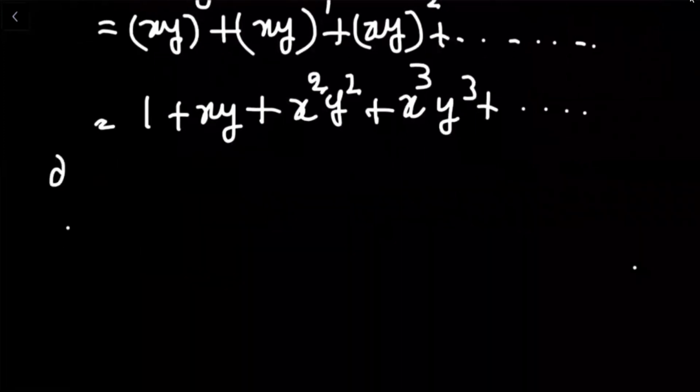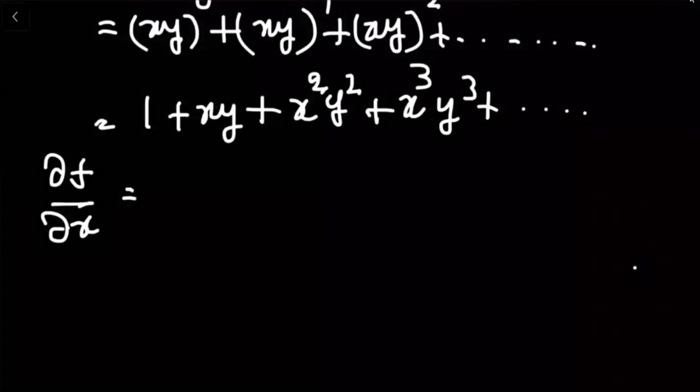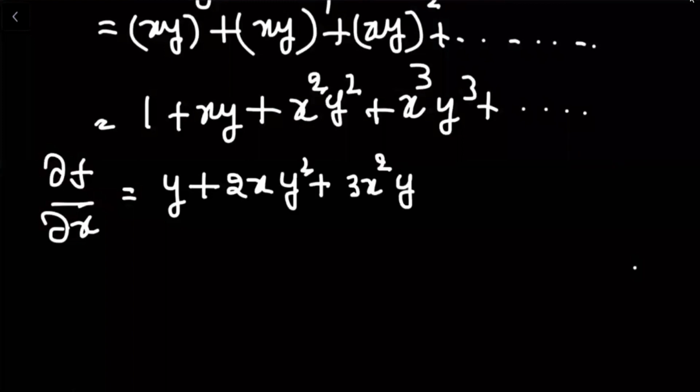By differentiating with respect to x, what we'll get is, well, differentiating 1 is 0, plus differentiating with respect to x, since y is a constant and x is a variable. The differentiation of x is 1, so y + 2x y² + 3x² y³ + and so on.